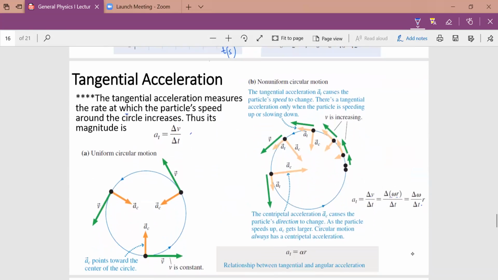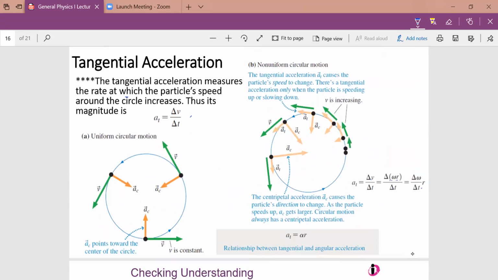So let's look at the last thing we want to see today. It is the term tangential acceleration. Tangential acceleration measures the rate at which particle speed around the circle is increasing. Okay, so we use the symbol a_T to represent tangential acceleration because we have to make a comparison with the centripetal acceleration.